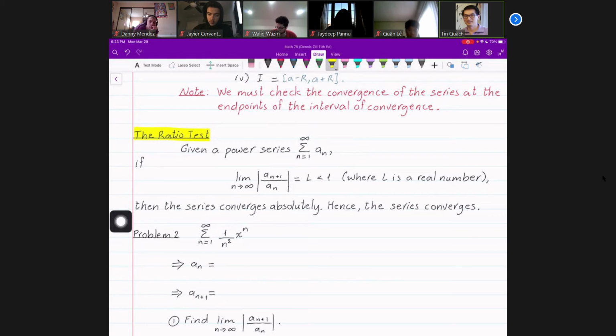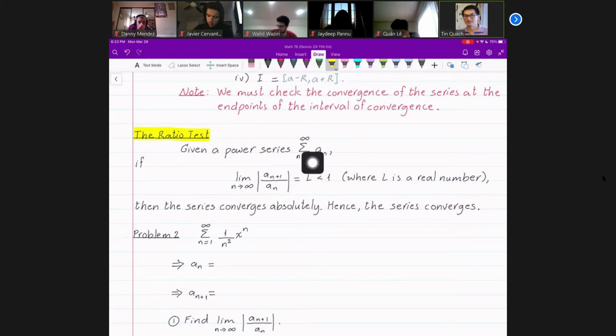Okay, so you need to know the definition of absolute convergence. Absolute convergence is when you take the absolute value of a sub n and the series of that absolute value of a sub n converges. That's what it means. So if the limit of this ratio is some finite real number which is less than 1, then we know for sure that this series converges absolutely.